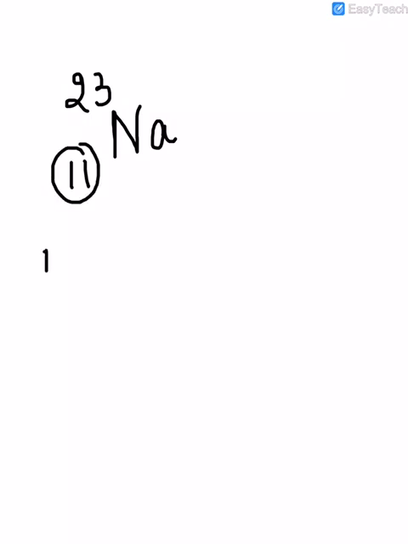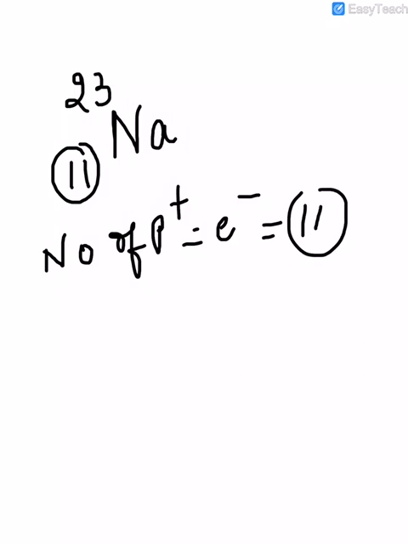If I write the symbol of any element, for example sodium, with atomic number 11 and mass number 23, and I ask you what is the number of neutrons in sodium, right. As we know, the atomic number is equal to the number of protons, or we can say the number of electrons, and it is equal to 11.